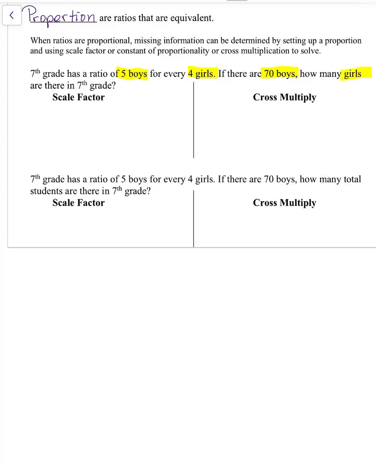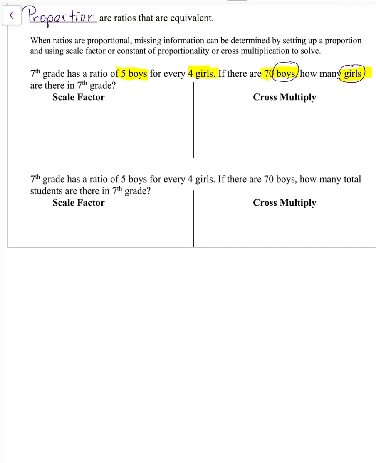When you're going to set up your ratio, you always want to look in your question. Okay, they're going to give you a ratio, boys to girls. Then they're going to give you another piece of information, 70 boys, and then they're going to ask you for something. They're asking us for girls. So the ratio that we need is boys and girls.